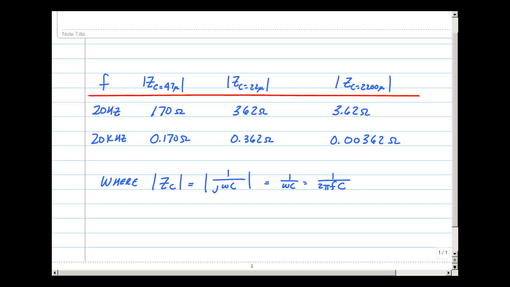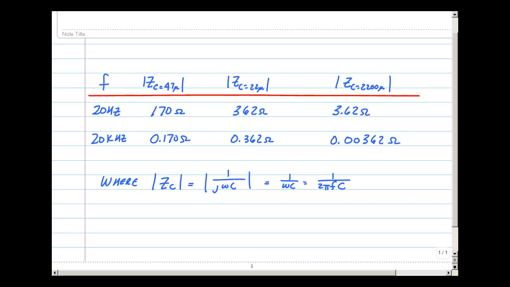At 20 hertz, this looks like about 170 ohms in magnitude, and that's the magnitude of 1 over j omega C. As the frequency goes up towards 20 kilohertz, it begins to decrease. It's 0.17 at 20 kilohertz. Not as big a capacitor, so a little bit bigger value here, but again, a very small number as frequency goes up. And lastly, this very large capacitor looks like 3.62 ohms in magnitude at 20 hertz, very, very small value at 20 kilohertz.